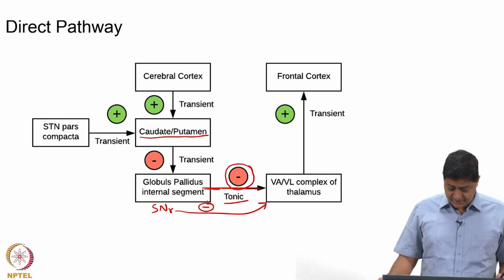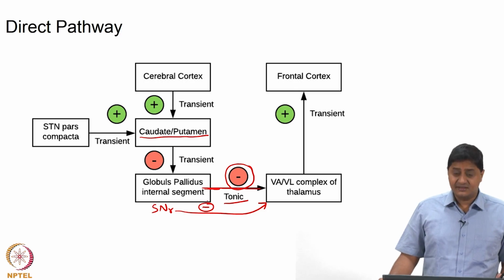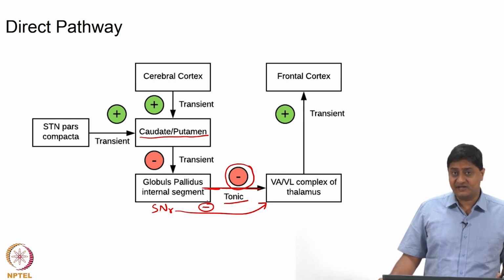Essentially this defines an important aspect of basal ganglia function: the globus pallidus internal and the substantia nigra pars reticulata contain neurons that are tonically inhibiting the thalamocortical or the output neurons.